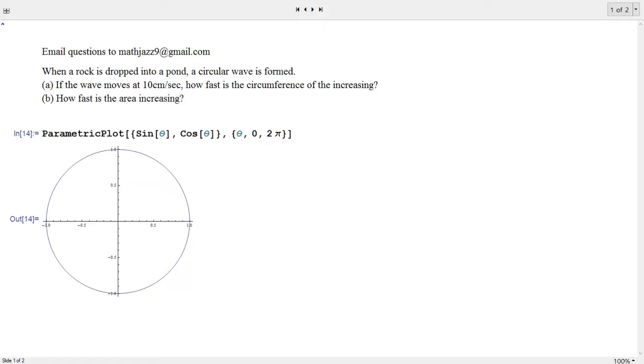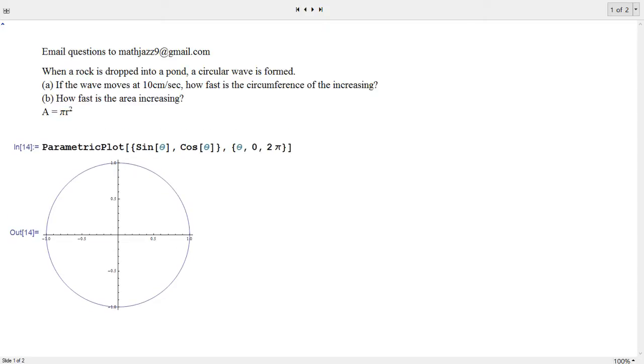The area is equal to the square of the radius times pi, and the perimeter, or the circumference, is equal to 2 pi times the radius.